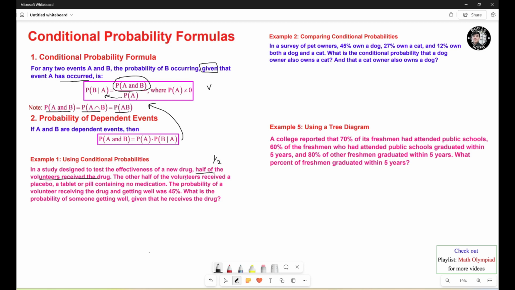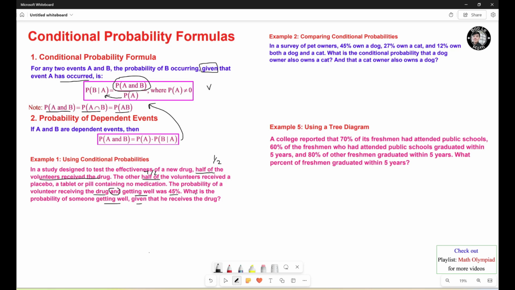The other half of the volunteers received a placebo, a tablet or a pill containing no medication. So this is another half. The probability of a volunteer receiving the drug and getting well was 45%. What is the probability of someone getting well given that he received the drug?